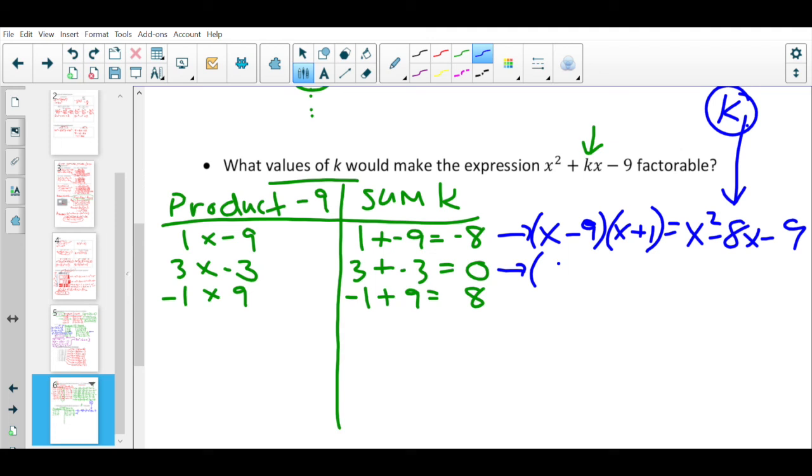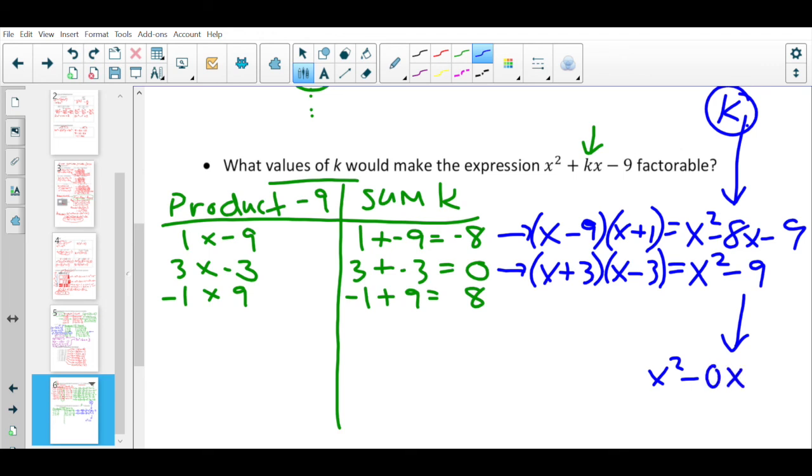Here we have x plus 3 times x minus 3, and that is equal to x squared minus 9. And what we did here is that the k value is 0. So that's actually x squared minus 0x minus 9. Because we said the k here is 0, so here's a 0, and it results in x squared minus 9.